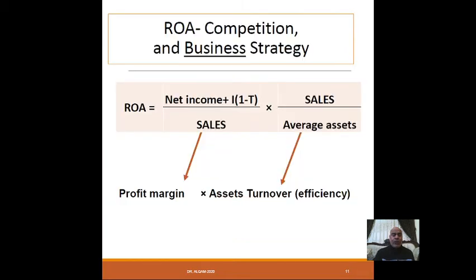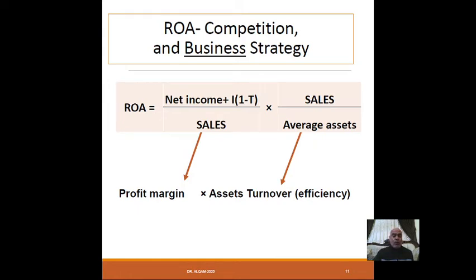Now we need to decompose and analyze the components of return on assets. We can divide it into 2 ratios: profit margin ratio, net income over sales, multiplied by sales over average assets, or assets turnover.